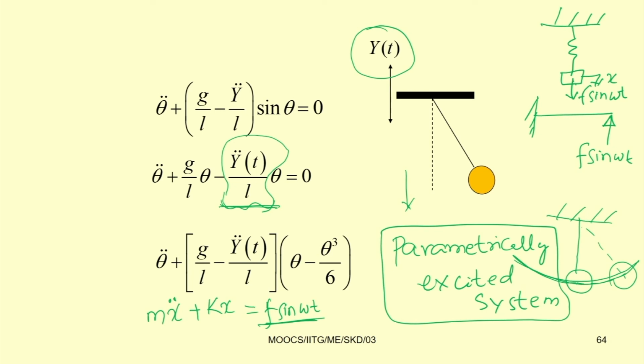If this time varying parameter is the coefficient of the response, then that type of system is known as a parametrically excited system, and if it is written as a homogeneous function without being a coefficient of the response, then it is a directly excited system. Later we will study in more detail the parametrically excited system and how it differs from the directly excited system.